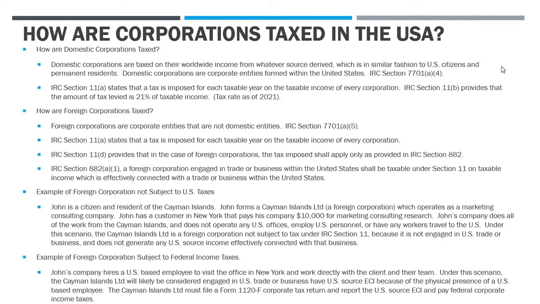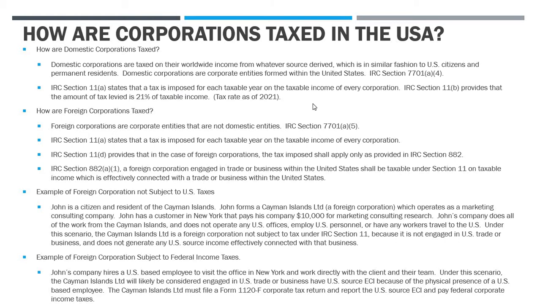If you live abroad on a full-time basis, let's say you live in Germany and you have a job there and you live and work there, that's foreign source income, but you're still paying U.S. taxes on those earnings. Domestic corporations are kind of the same treatment, right? A domestic corporation is defined in 7701(a)(4).